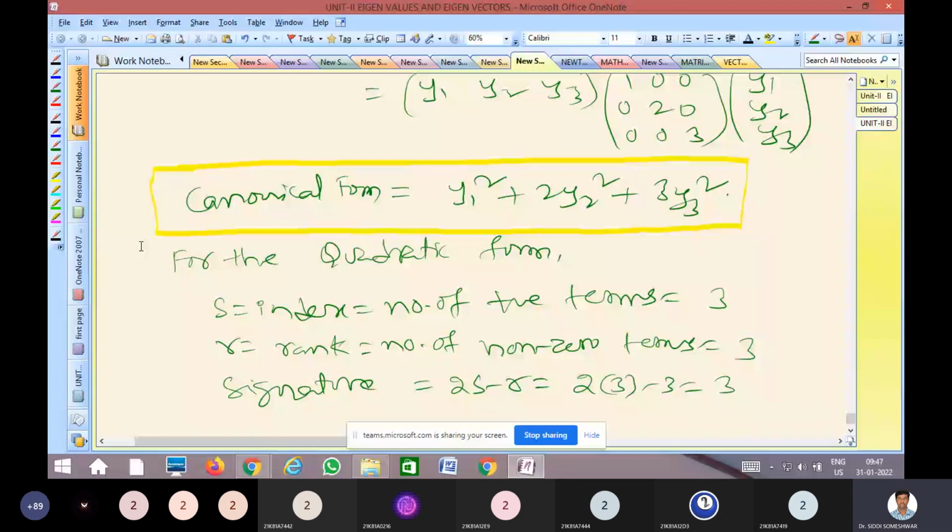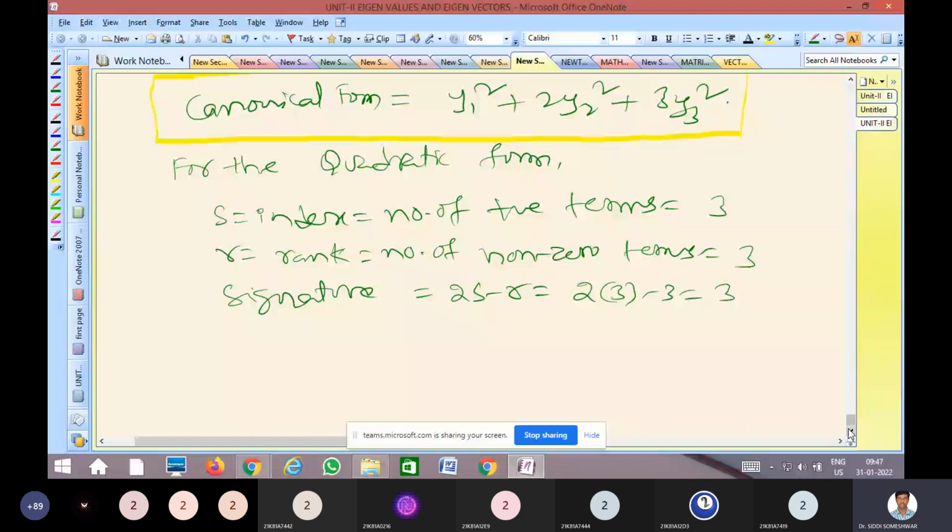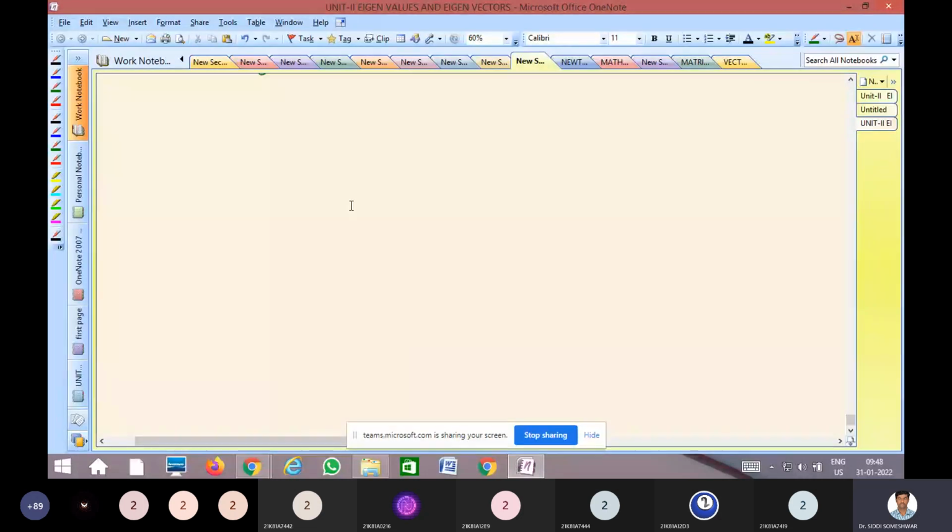Right, so here you can observe the orthogonal transformation which transforms quadratic form to canonical form is X equal to P into Y, right?